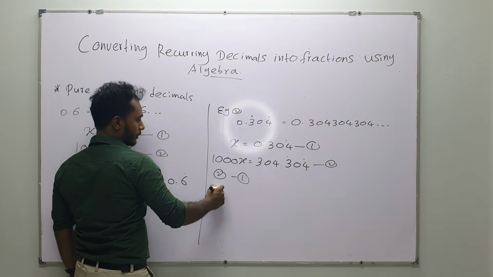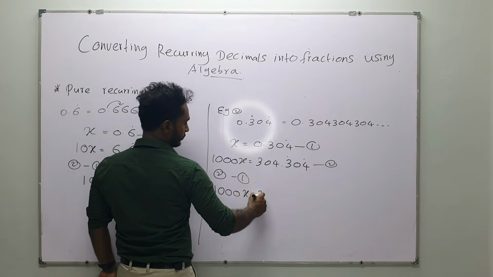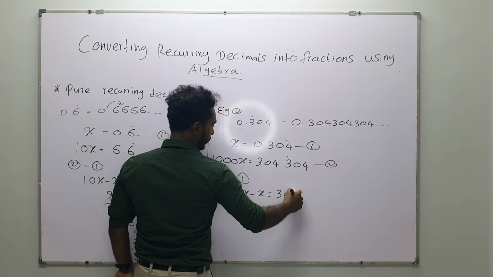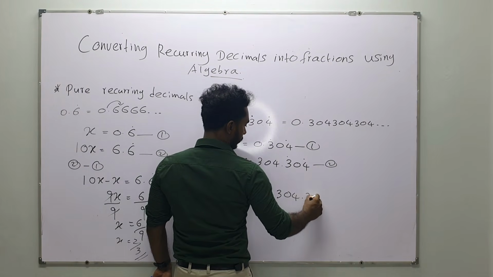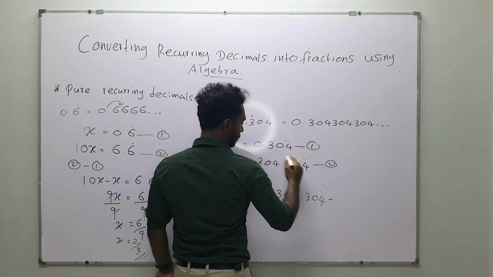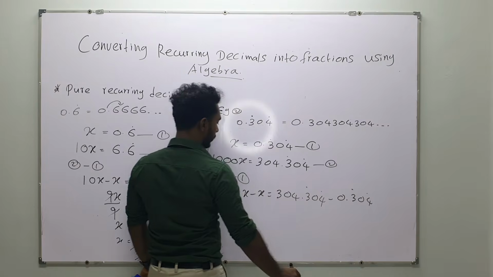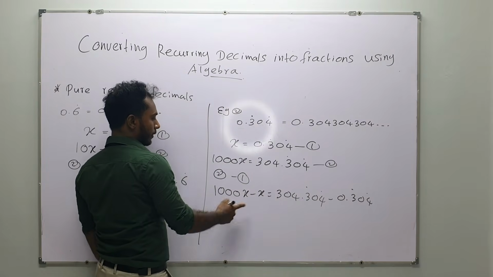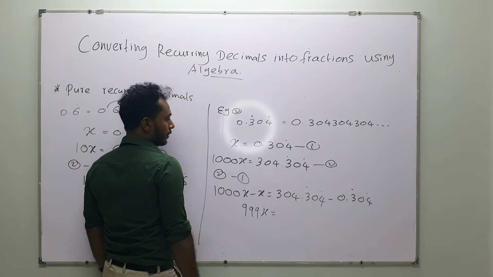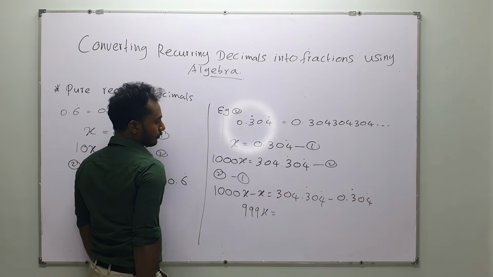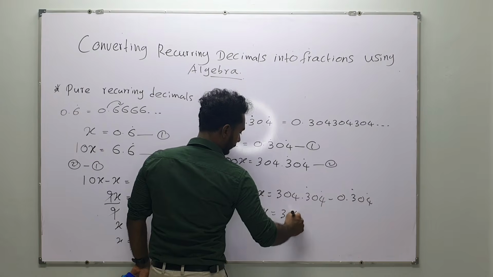Now I can write 1000x minus x equals 304.304 recurring minus 0.304 recurring. So 1000x minus x will be 999x equals, when we subtract this, we get 304.